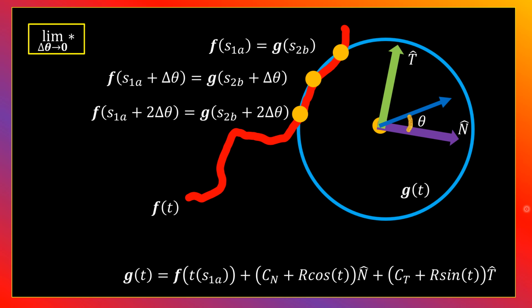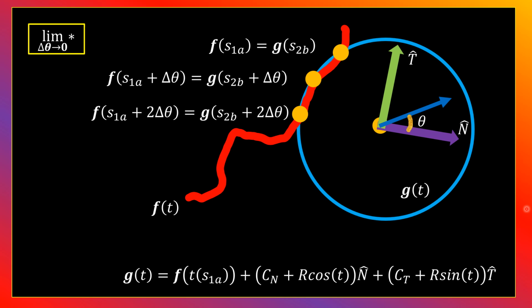So that's why we want to express everything in terms of arc length, because we can use this relationship between r and delta theta to get delta s2.